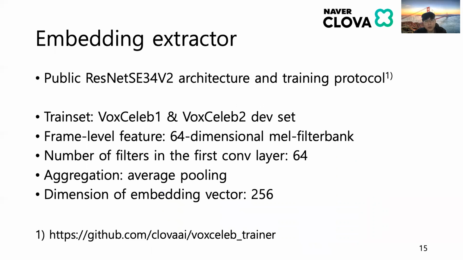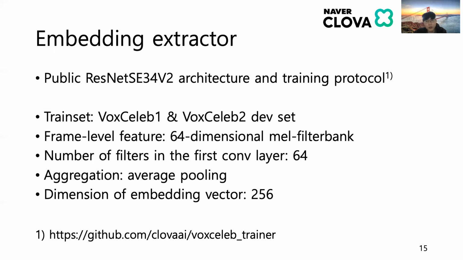To build the embedding extractor, the public ResNet structure was utilized along with several modifications. We used both of the VoxCeleb 1 and 2 development sets to train the model. The 64-dimensional features were used as frame-level features. The number of filters in the first convolutional layer was configured to 64. After the last convolutional operation, average pooling was performed for aggregation.